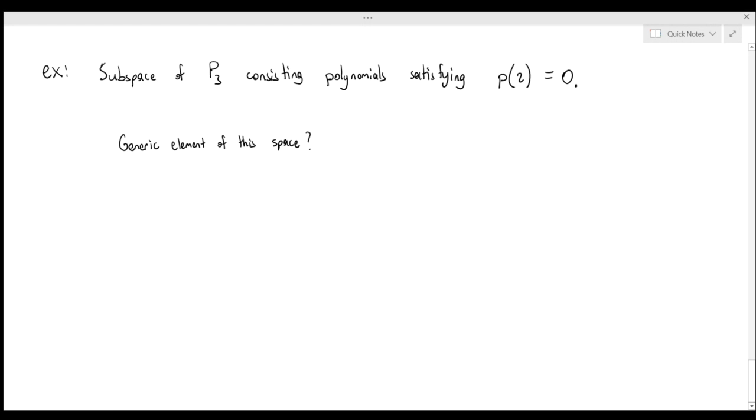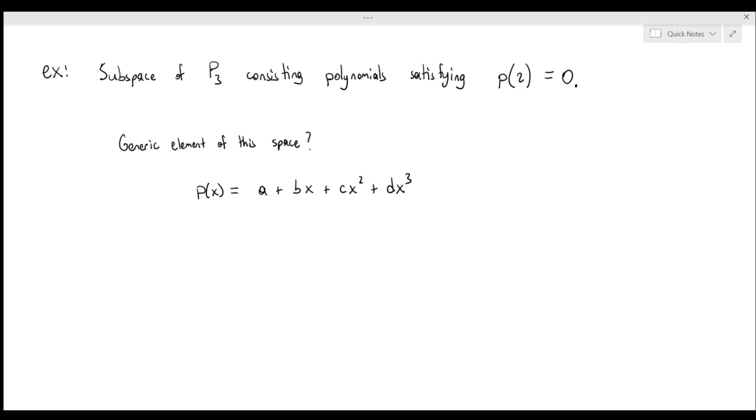Okay. So first, it's going to be a polynomial in P3, so we know that it's going to be of degree at most 3. So we'll start with something like this.